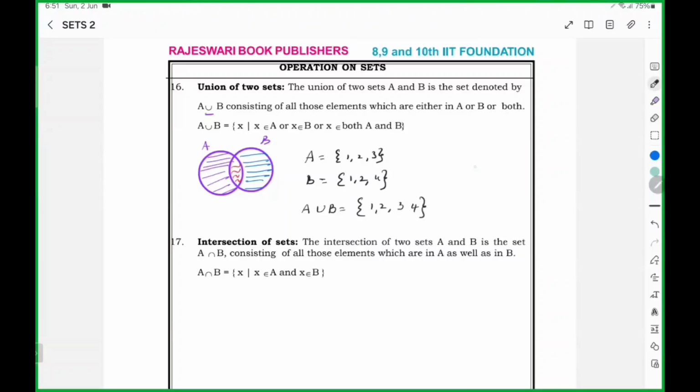Here, one is represented with circle A, the other with B. A contains 1, 2, 3, and 1, 2 are the common elements. So it belongs to A, belongs to B, and belongs to both.